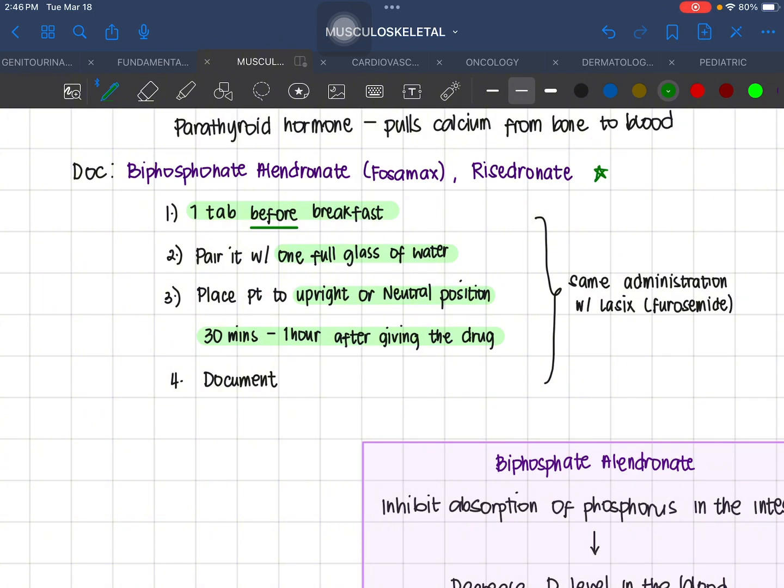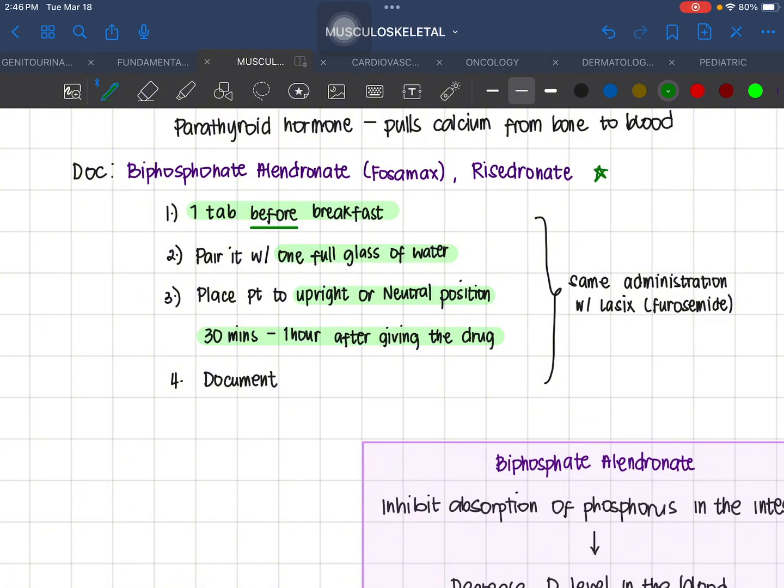Pangalawa, it should be paired with 1 full glass of water. Pangatlo, after uminom, i-place mo si patient into upright or high Fowler's or neutral position, 30 minutes to 1 hour after mo magbigay ng drug.